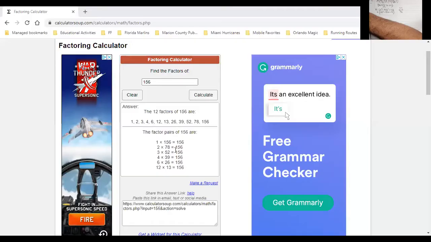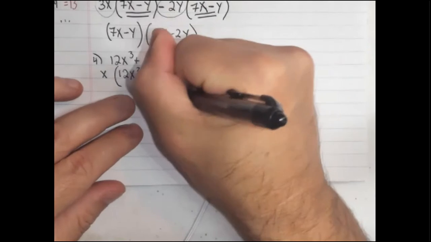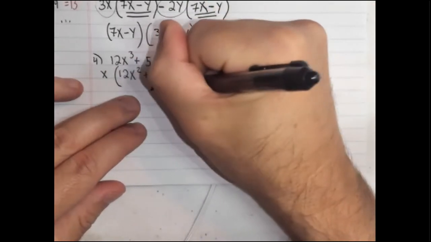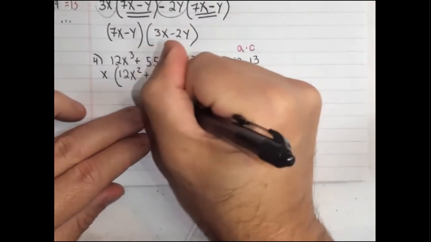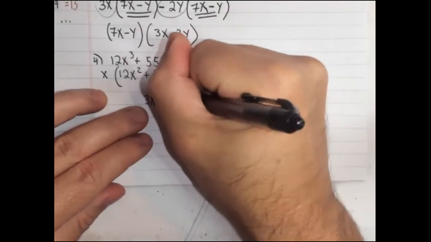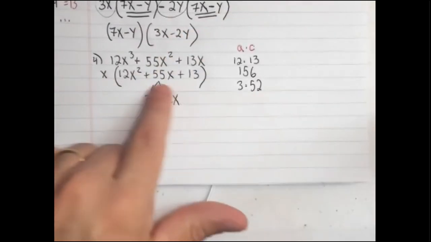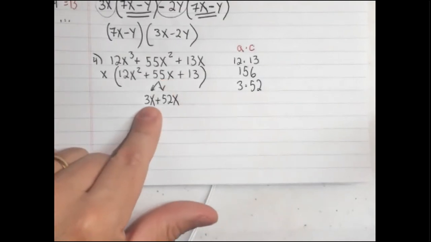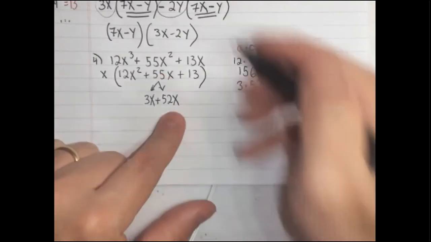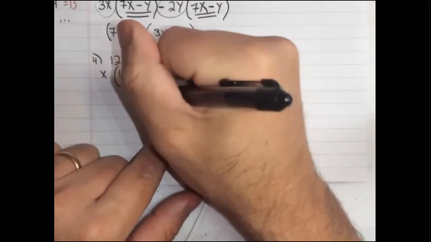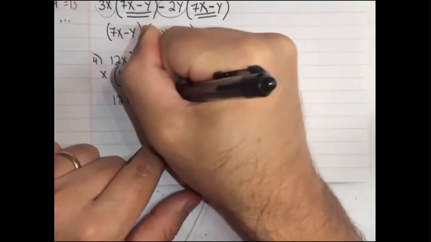And again, it's right here: 3 times 52. And everything's positive, so it's a little bit easier. So that 3 and 52 is what I'm going to use to rewrite 55x. Don't forget, you've got to put those x values in there: 3x plus 52x. That comes back to 55x. Move down your first and last term.